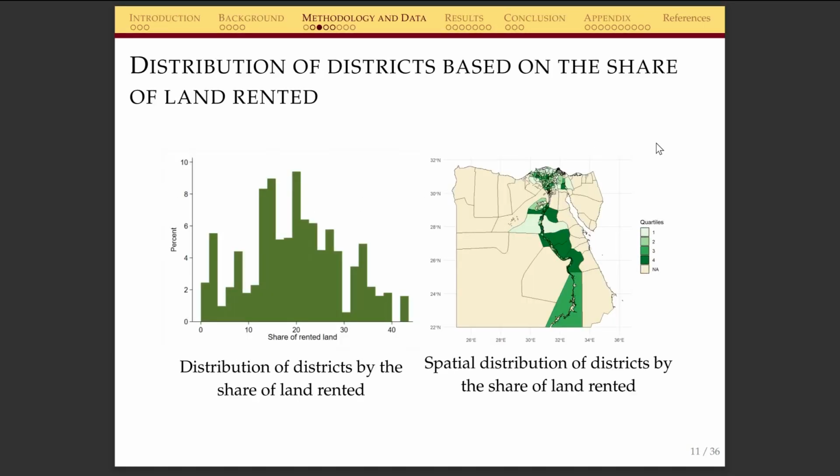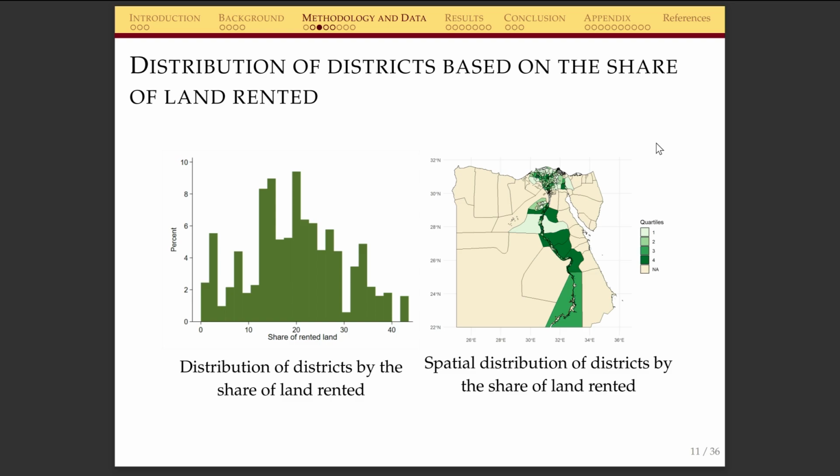And this is to give you a little bit of a visualization of my treatment variable, which is the share of land rented. On the left side is the distribution of the share of land rented, and we see that it's actually a little bit skewed towards a lower share of land rented. So the first quartile ranges from 26% to 43%.